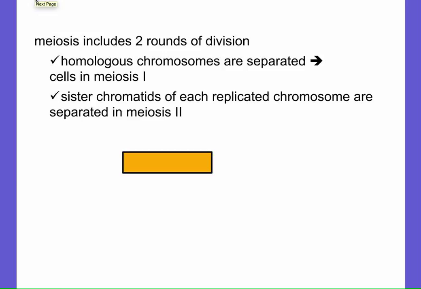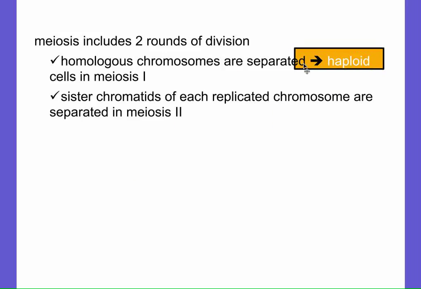Okay, so meiosis includes 2 rounds of division. In the first round, homologous chromosomes are going to be separated, and you're going to end up with haploid cells. So the key to that first round is I'm going to cut that chromosome number in half. So I might write that in here.